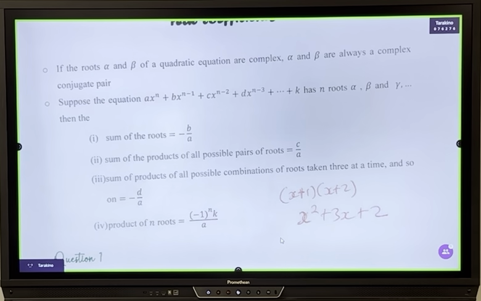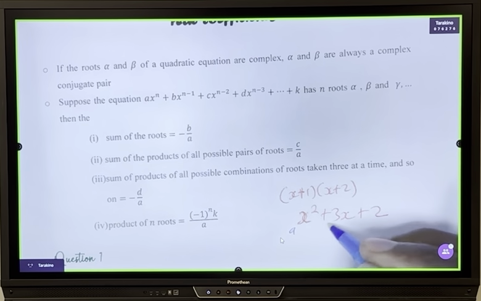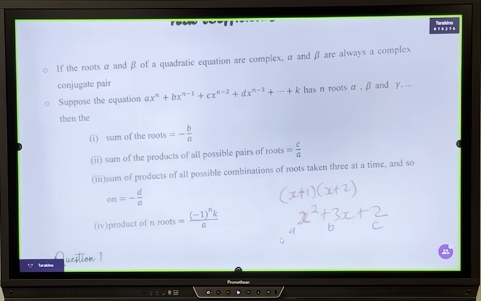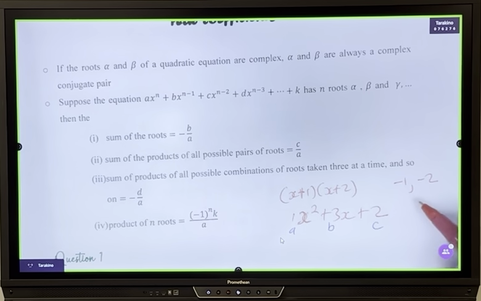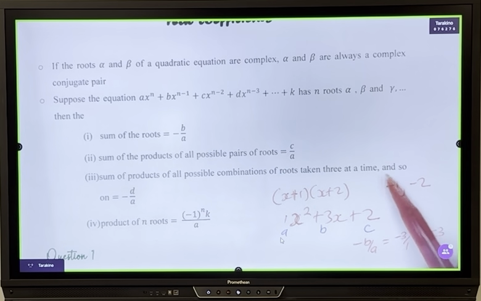So this is my a, my b, my c, where my a is 1, my b is 3 and my c is 2. My roots are negative 1 and negative 2. The sum of roots is negative b over a, which is negative 3 over 1, which is negative 3. If I add these roots, I also get negative 3.